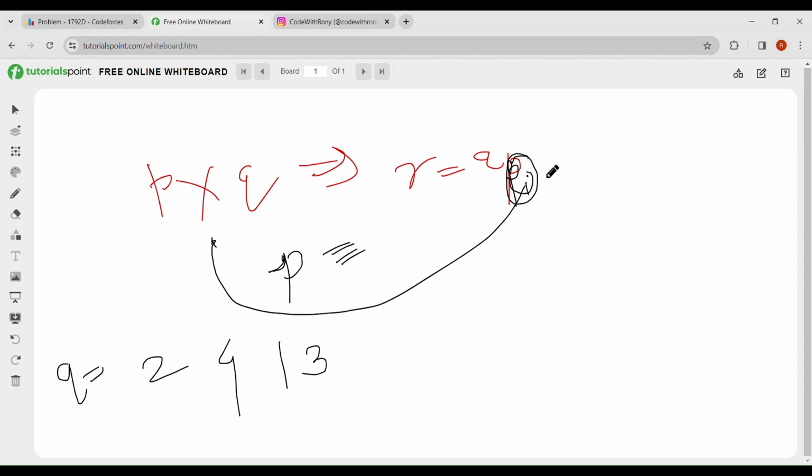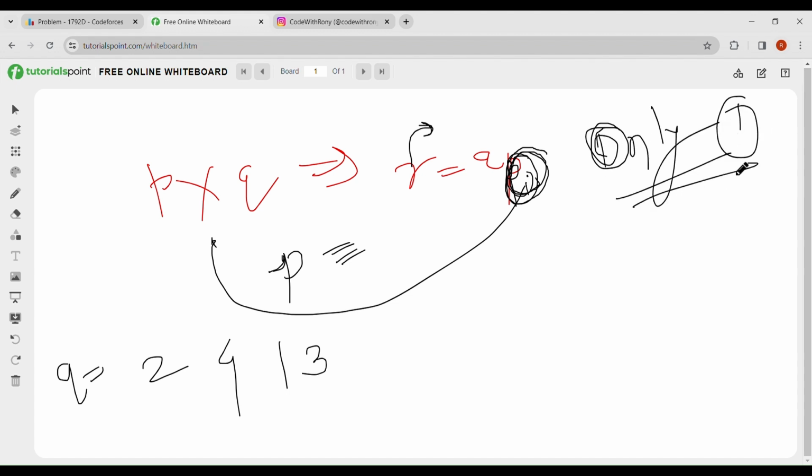Let's first observe this thing. There is only one observation in this question, about q of p_i. To get any maximum value starting from 1 up to that number, the first number should always be equal to 1, the second number should always be equal to 2, and the third likewise.